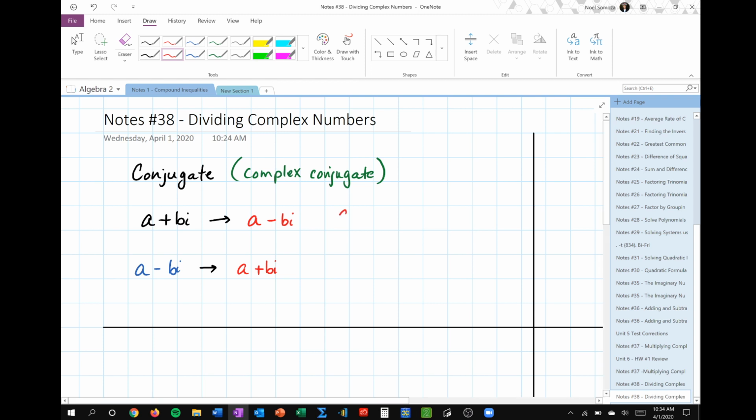So the way you can find the conjugate is that it is formed by negating the second term of the binomial. Negating just means multiply by a negative.